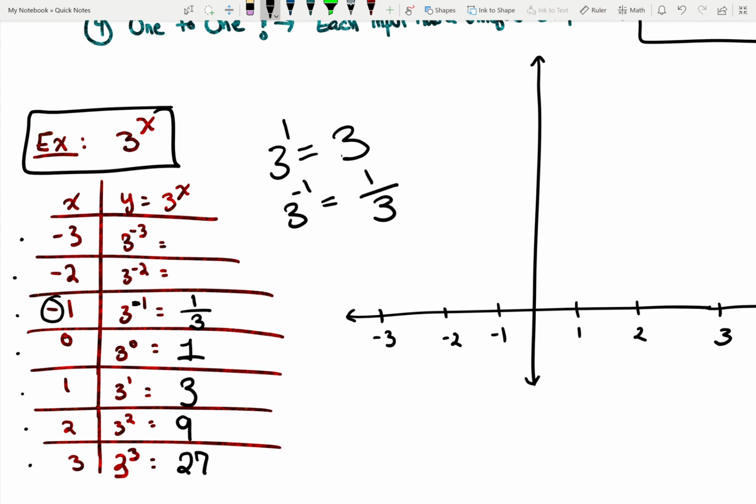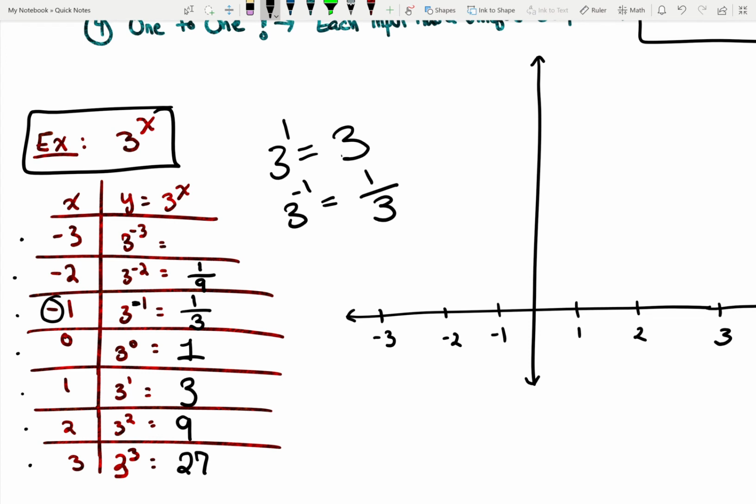So we're going to follow the same rule for 3 to the -2. I'm going to pretend like the negative's not there. So 3 squared is 9, but because it is negative, I'll put it in the denominator. So first pretend like it's not negative, and then think about what the negative does.